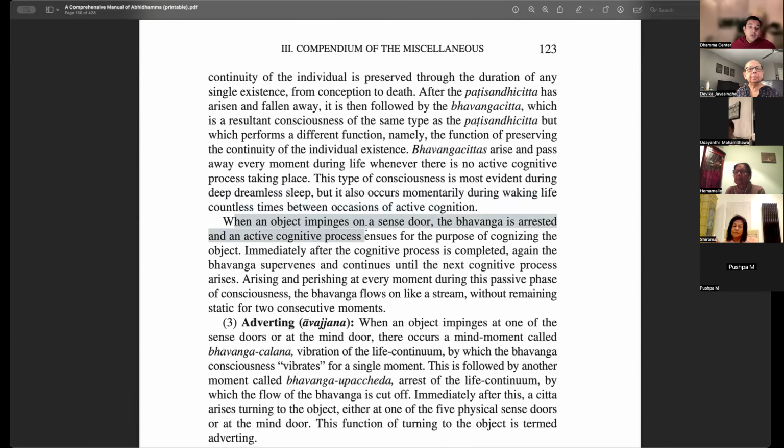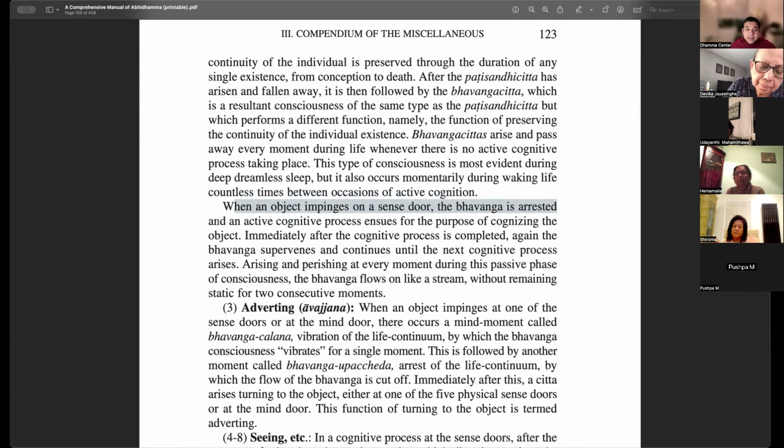When an object impinges on the sense door, the bhavanga is arrested, and an active cognitive process ensues for the purpose of cognizing the object. Immediately after the cognitive process is completed, again bhavanga supervenes and continues until the next cognitive process arises, arising and perishing at every moment.